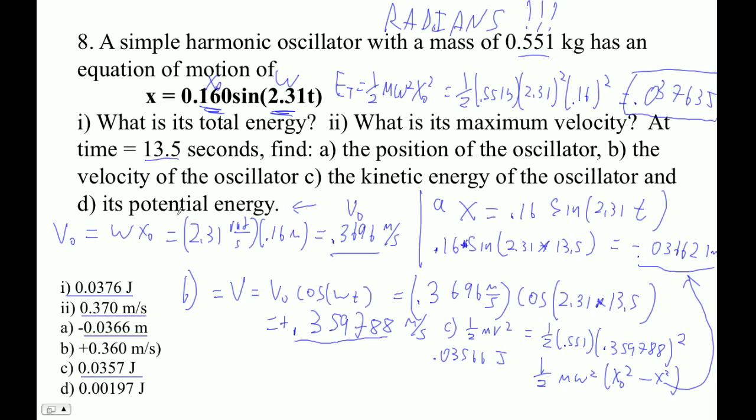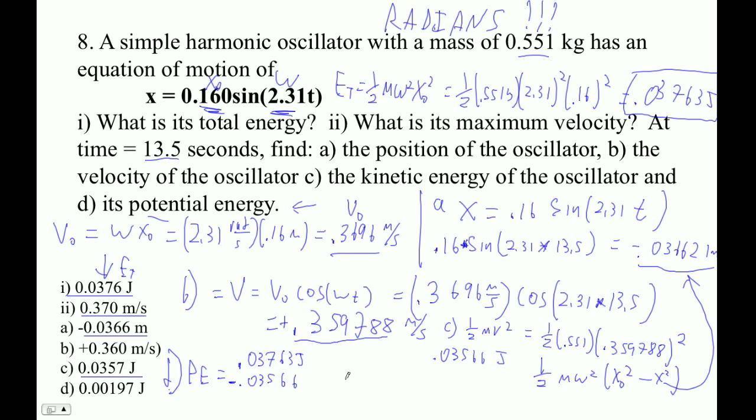Okay, so now it says what is its potential energy at that point? Well, the total energy is this, right? That's our total energy. The total energy minus this kinetic energy equals potential energy, right? So for D, the potential energy is just the total energy, 0.03763 joules, that's this number not rounded, minus the energy that's in kinetic, 0.03566, minus that one there.